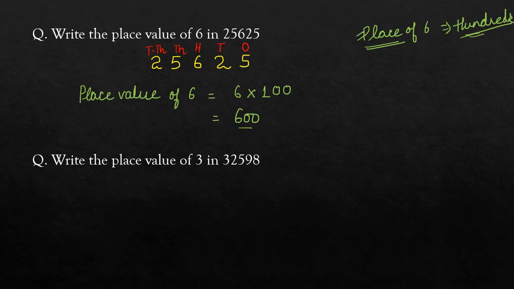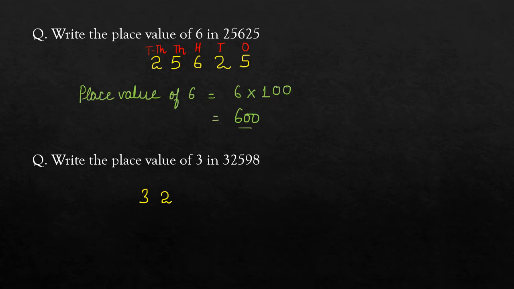In the next question, we have to write the place value of 3 in 32,598. So here 8 is at ones, 9 tens, 5 hundreds, 2 thousands and 3 at 10,000.